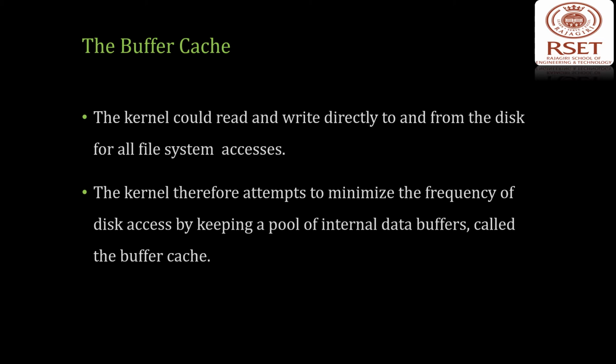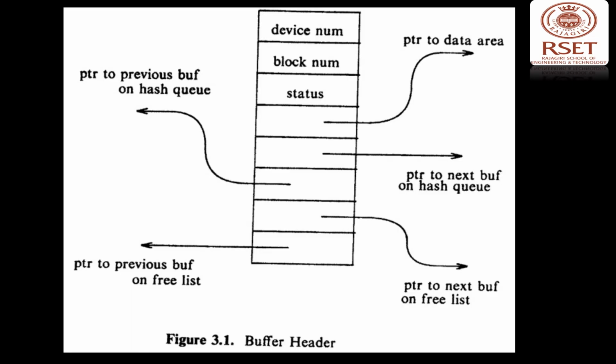A buffer consists of two parts, which are a memory array and a buffer header. This picture depicts a buffer header. The buffer header contains a device number field and a block number field, as you can see in the figure.